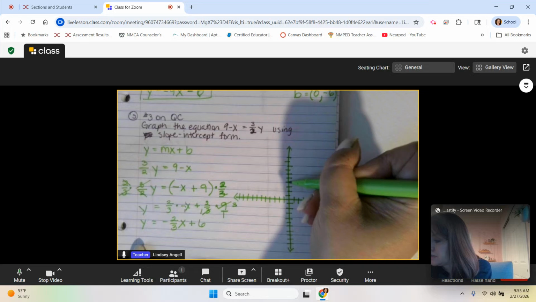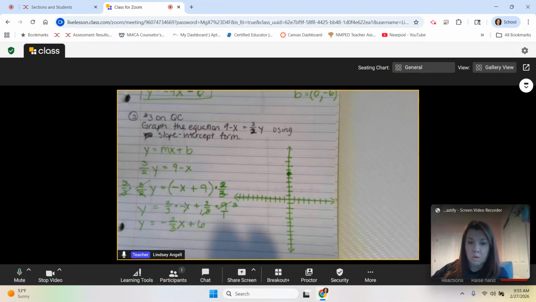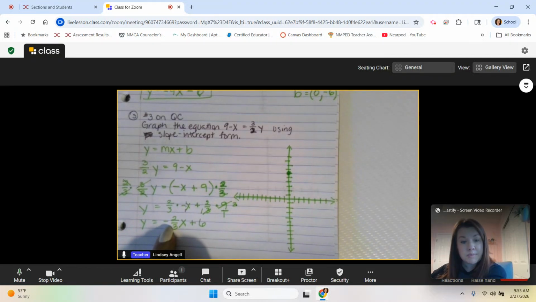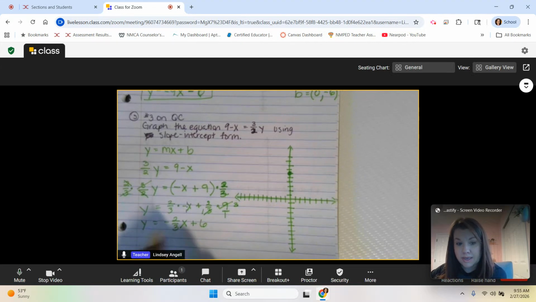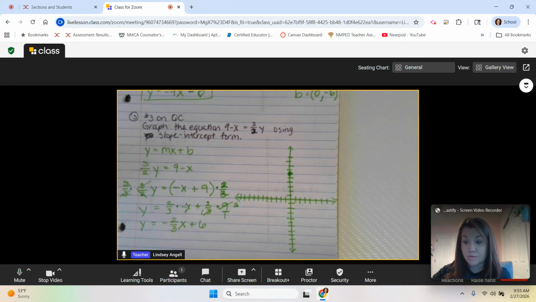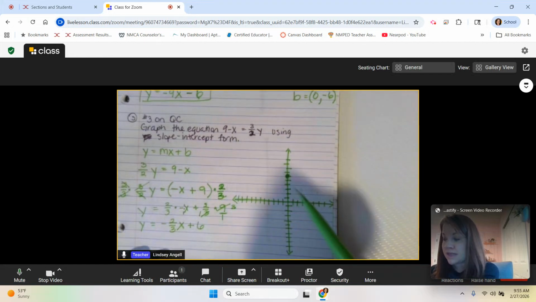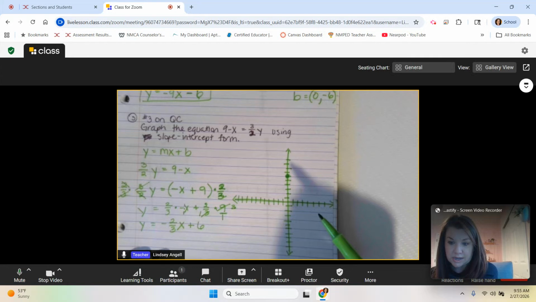1, 2, 3, 4, 5, 6. So there's my first point. Now, using my slope, I have a -2 over 3. Remember, slope is like rise over run. In this case, since it's a negative, I know my line is going to look like it's going down.